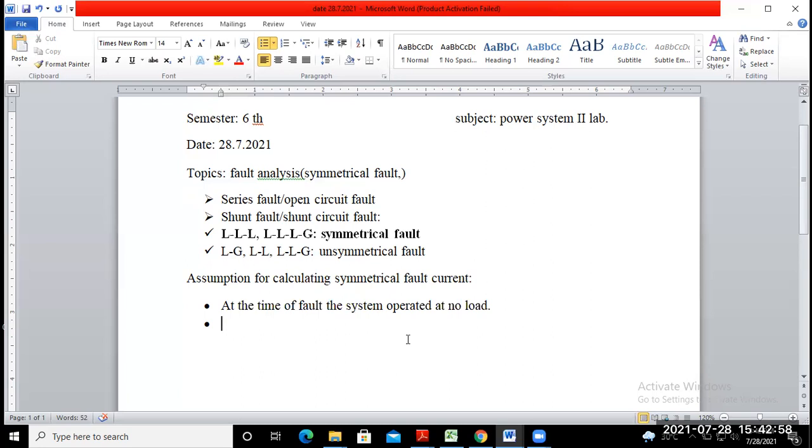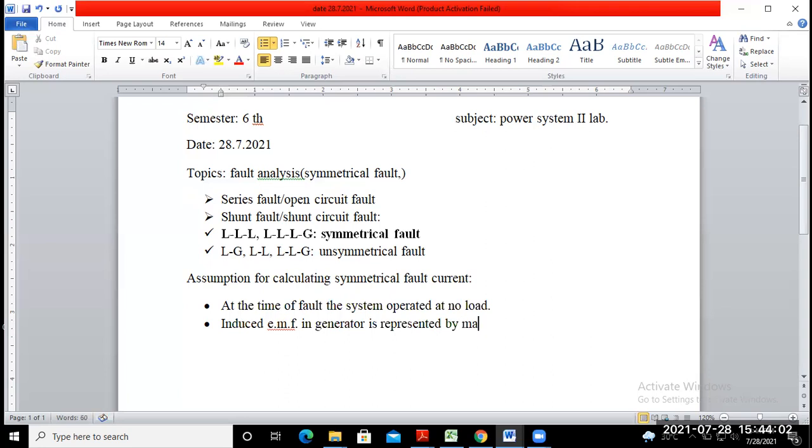So the induced EMF in the generator is represented by magnitude of 1 at 0 degree phase angle.